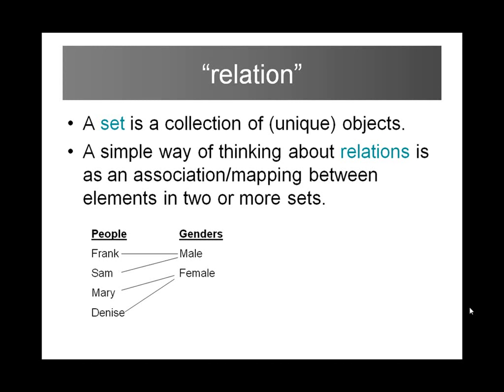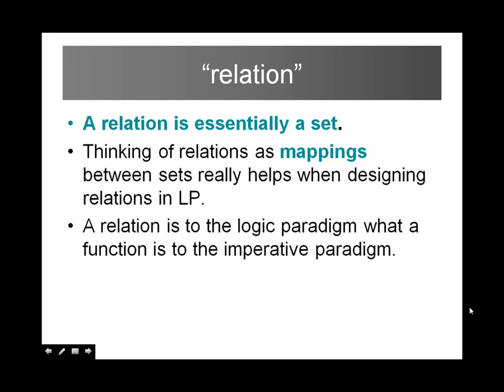The key step we're going to take here is to represent those lines also as a set. So what I have here is the relation being represented as a set called gender of. This is a set of pairs because we are dealing with a binary relation. So the takeaway here is that a relation can basically be treated as a set.